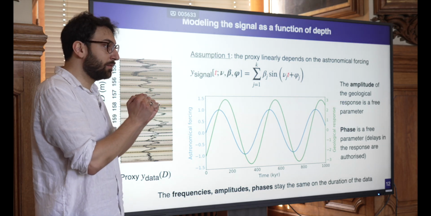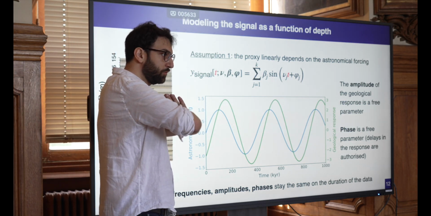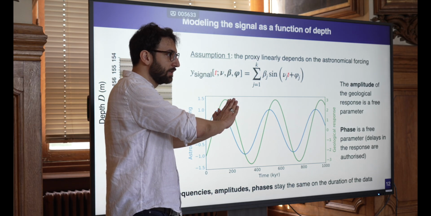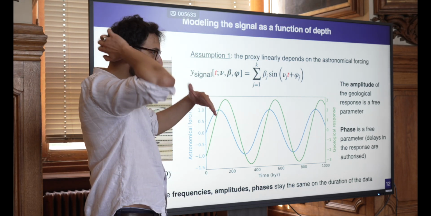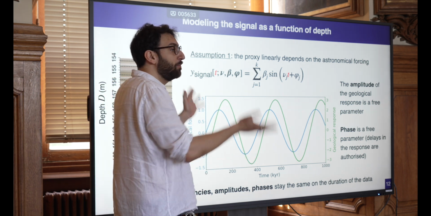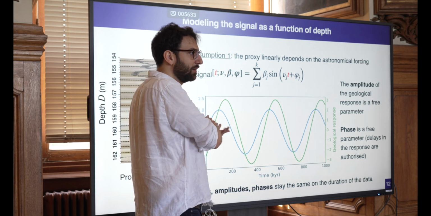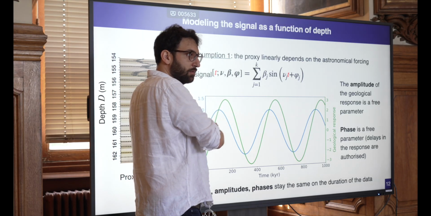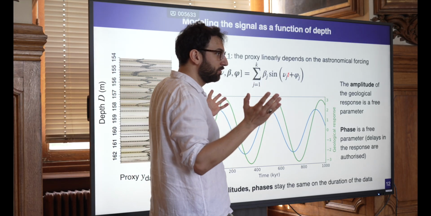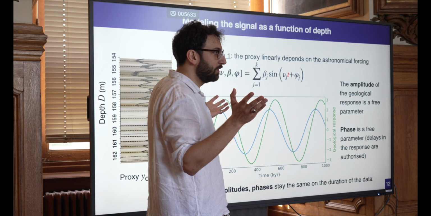But in the model, we put no prior information on the phase. So it's completely free to choose the phase it wants. If it happens to be the same as the astronomical signal, okay. If it's different, okay also. It's just not constrained.